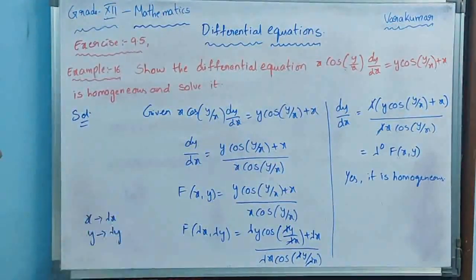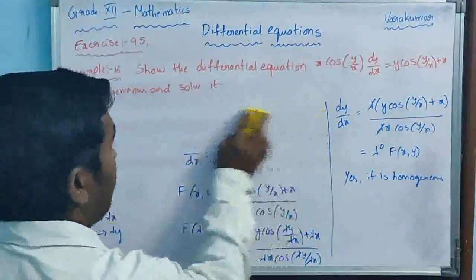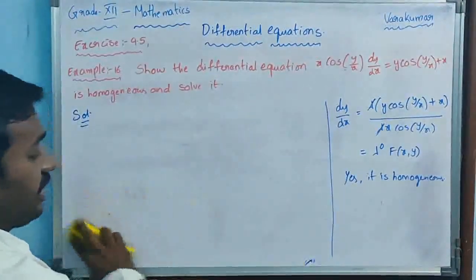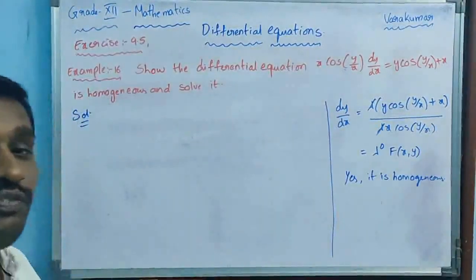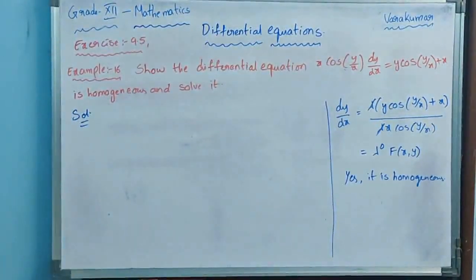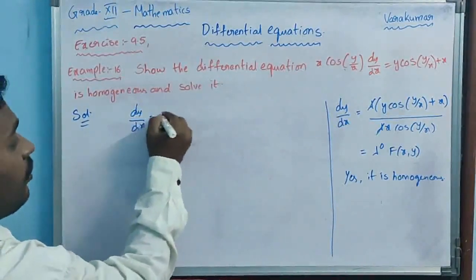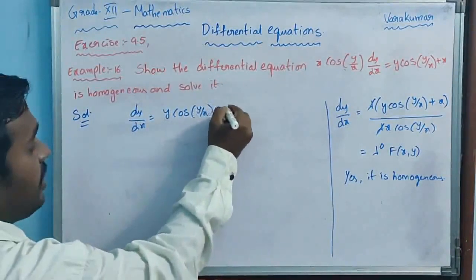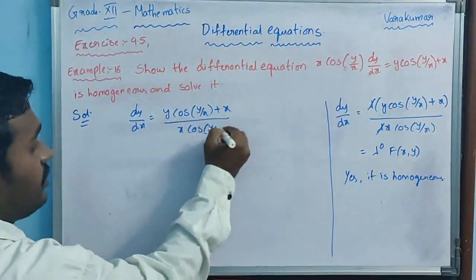After showing it is homogeneous, we have to solve it using the appropriate method. What is the appropriate method? Here the question is designed with dy/dx, so we are supposed to take the substitution y = vx. Let us write the equation: dy/dx = (y cos(y/x) + x) / (x cos(y/x)).